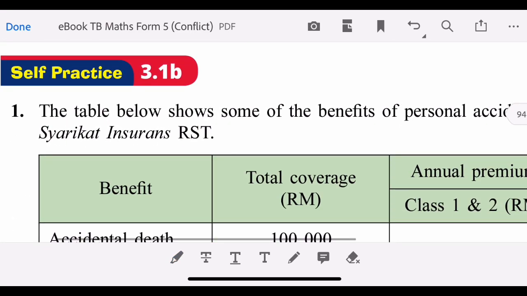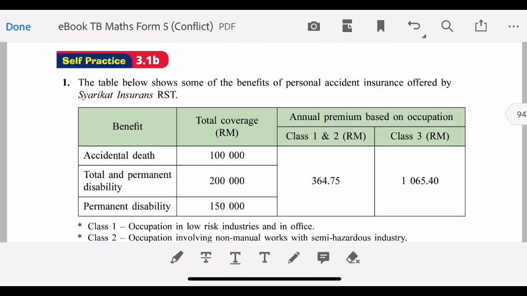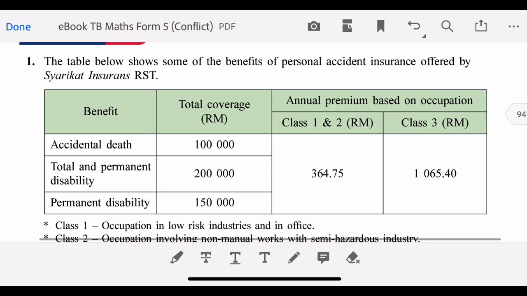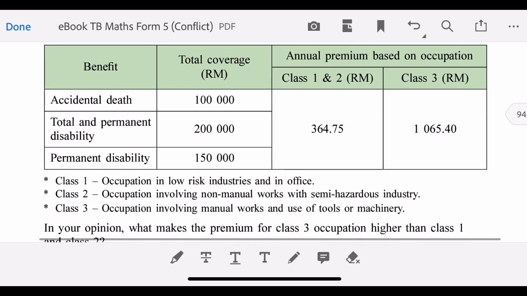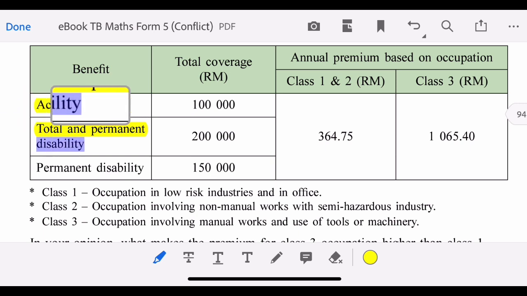Alright, so this is the exercise that you need to do. The table shows some of the benefits of personal accident insurance offered by Sharikat Insurance RST. So the benefits are accidental death, total and permanent disability, and permanent disability.